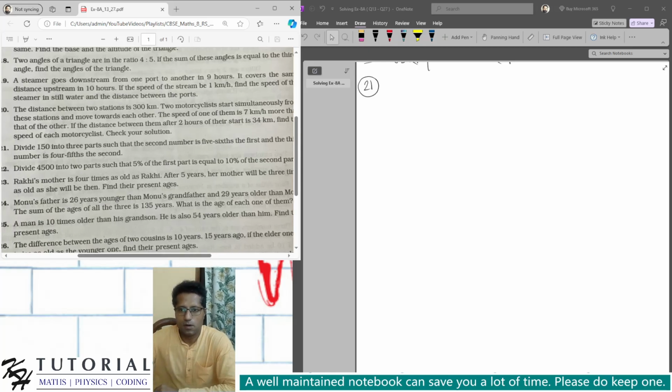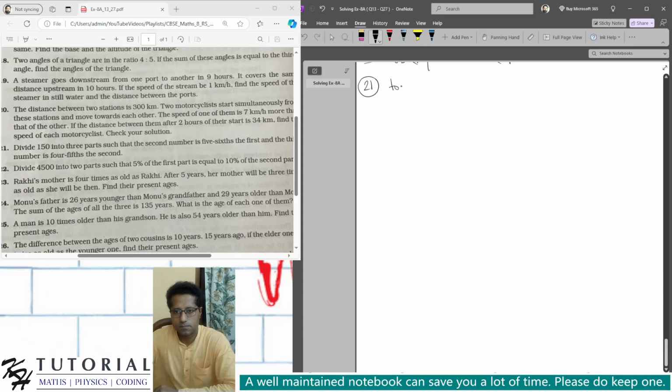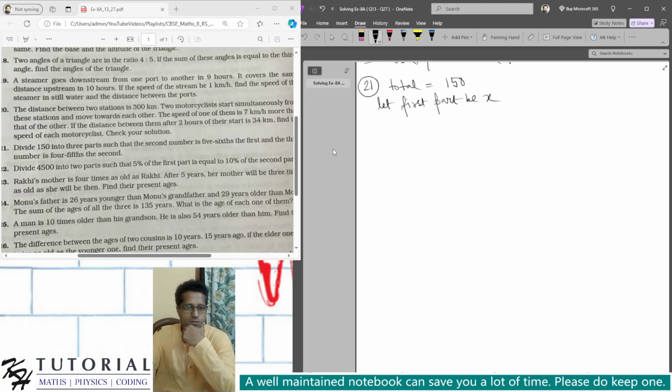Okay, so the total is equal to 150, as we have to divide 150 into 3 parts. Let the first part be x. It is given that the second number is 5/6 the first.